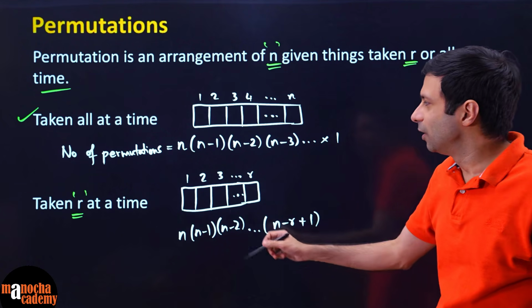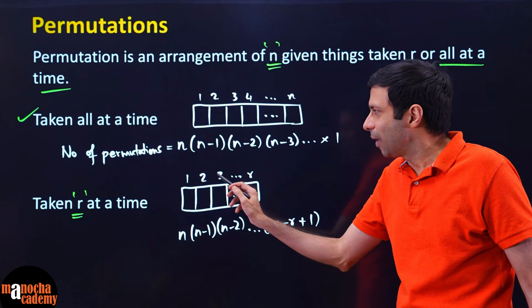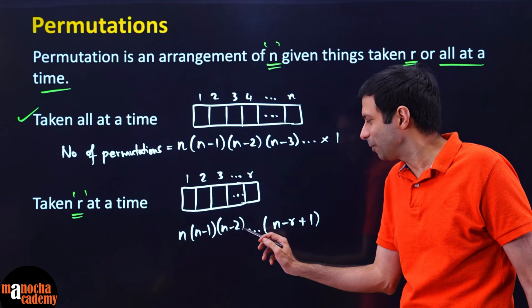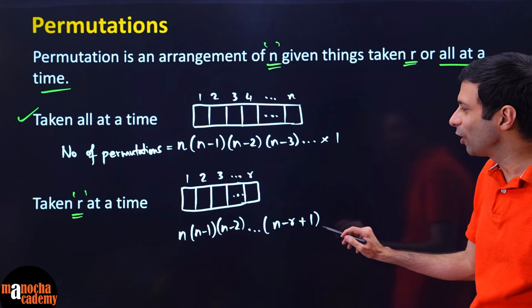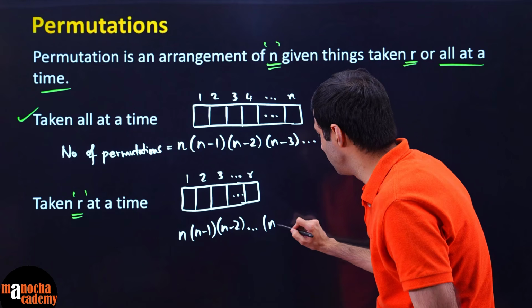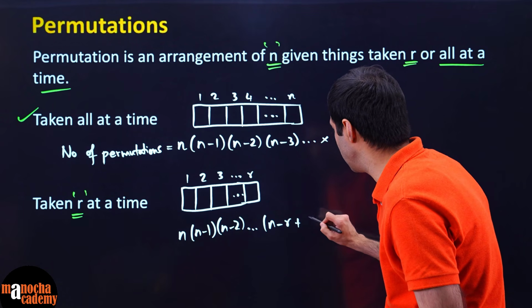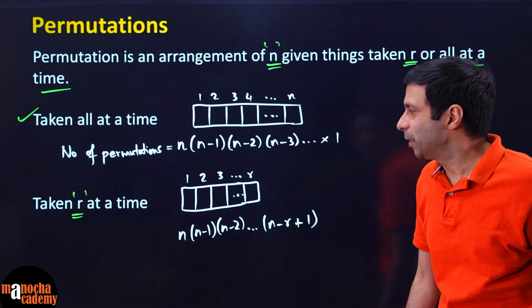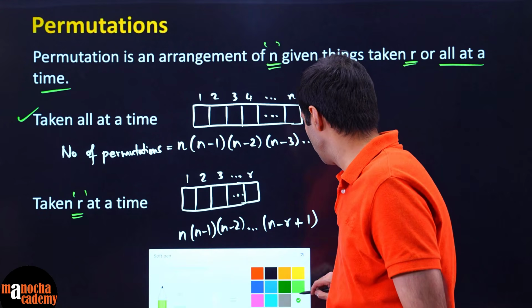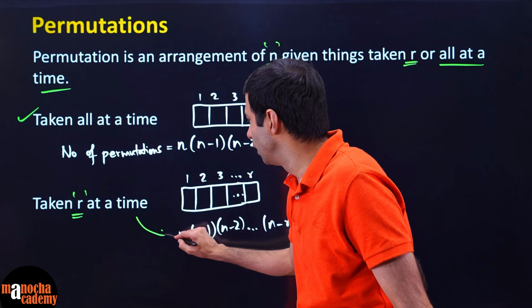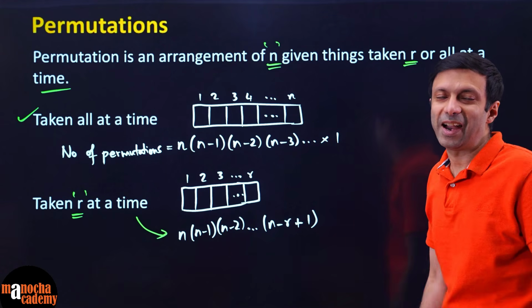Look at it carefully. So see, for 3 it will be n minus 3 plus 1. That's n minus 2. So we are going all the way up to n minus r plus 1. So this is basically the total number of permutations possible when you take them r at a time.